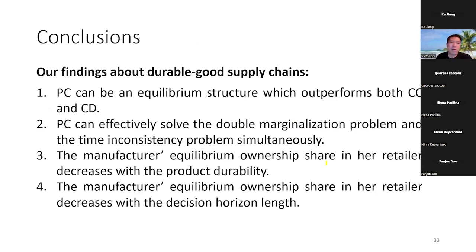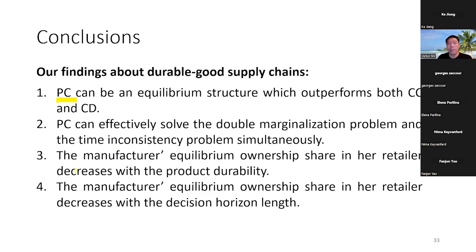Our findings about durable goods supply chains: one is that partial centralization can be an equilibrium structure which outperforms both CC and CD. We argue that PC can be the best because it can effectively solve the double marginalization problem and the time inconsistency problem simultaneously.